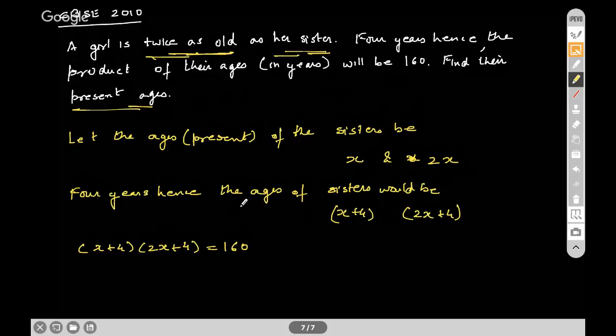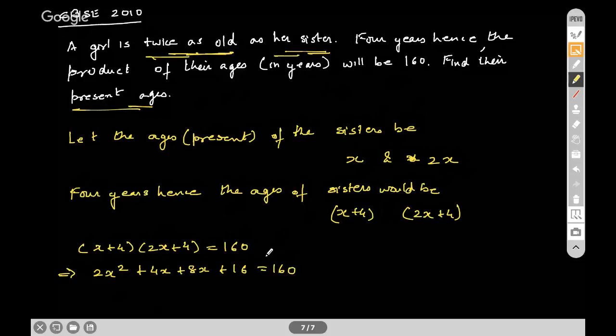You have to find the value of x. Let us simplify this: 2x squared plus 4x plus 8x plus 16 equals 160.